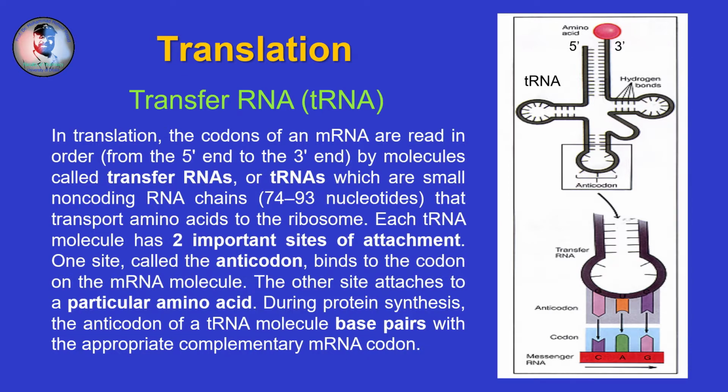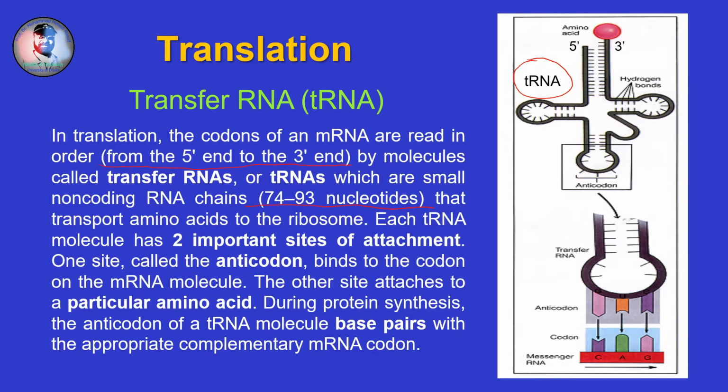Transfer RNA. In translation, the codons of a messenger RNA are read in order, that is, from the 5' end to the 3' end, by molecules called transfer RNAs or tRNAs, which are small non-coding RNA chains consisting of 74 to 93 nucleotides that transport amino acids to the ribosome.